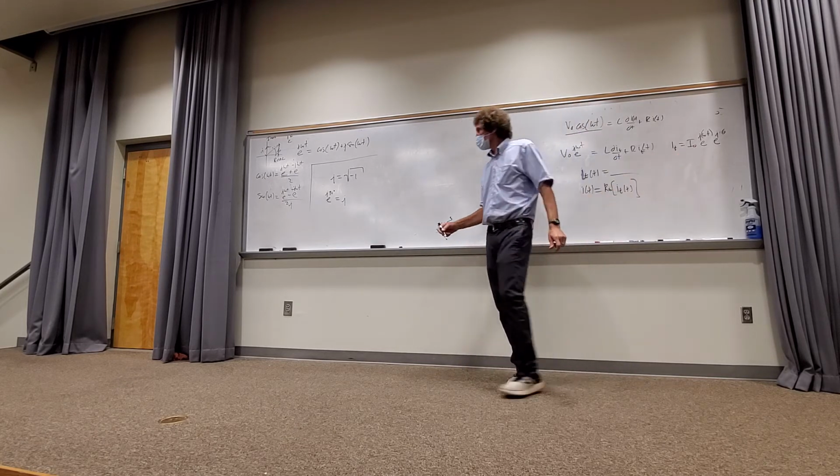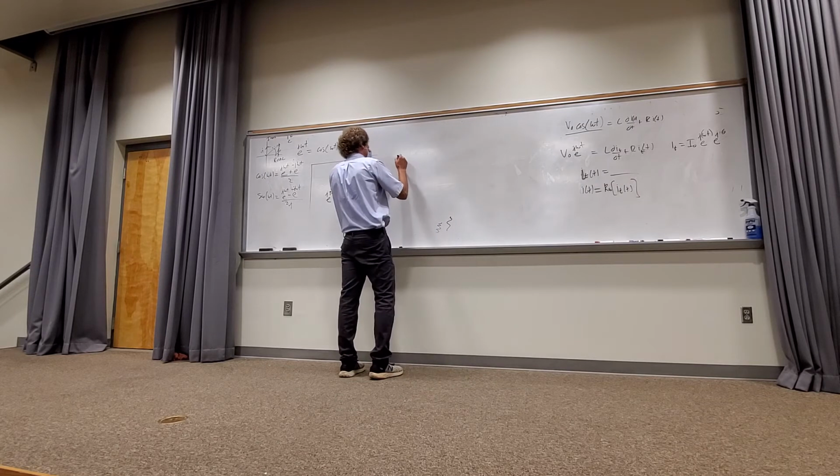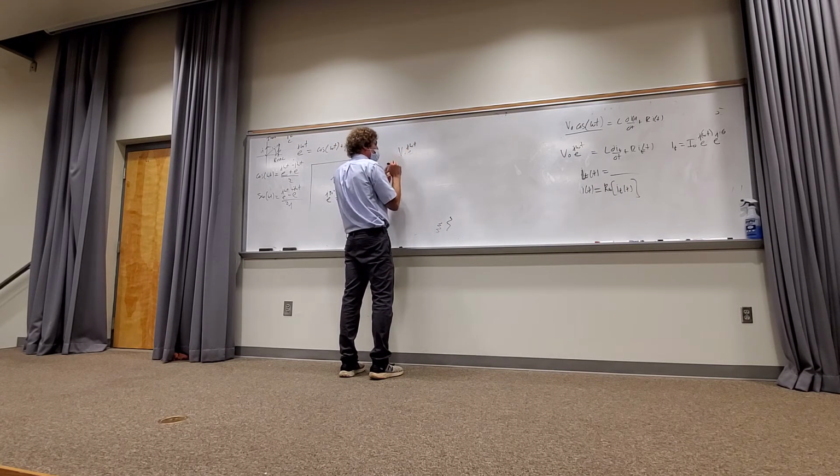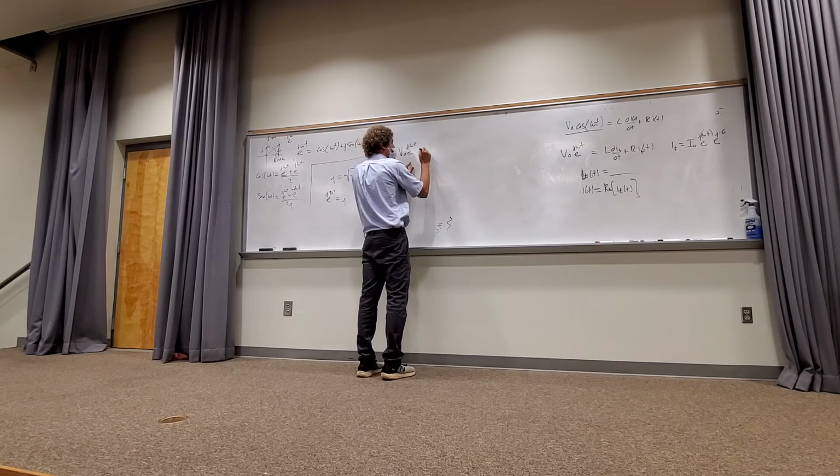Just watch. So now I'm going to write that differential equation. I have v naught e to the j omega t equal to L times, or I'll put R first.